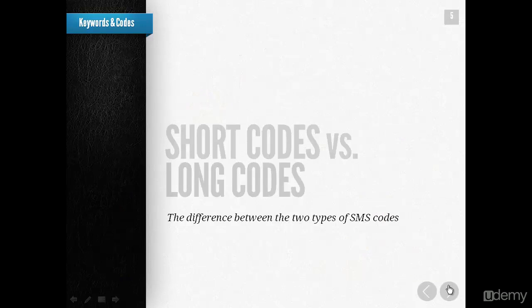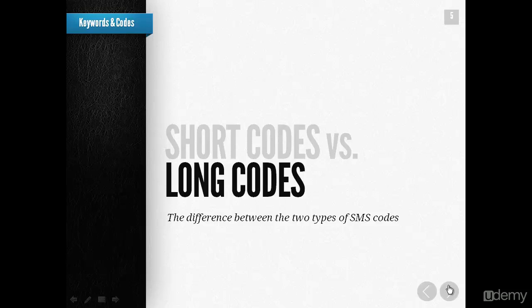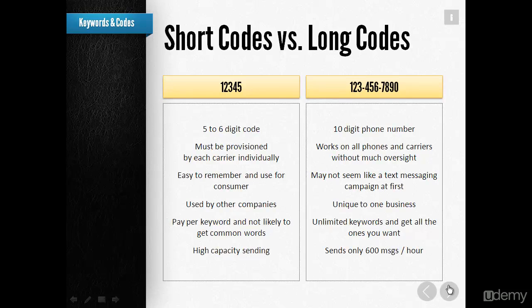All right, so what the heck is the difference between a short code and a long code, besides how many letters or numbers are in it? First of all, the short code must be provisioned by each cell phone carrier individually.